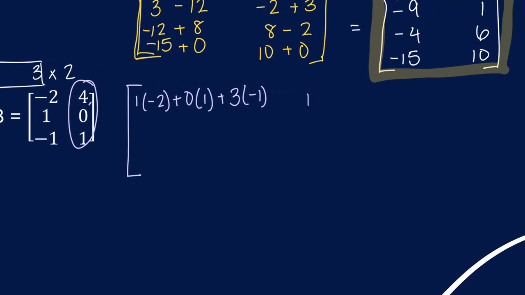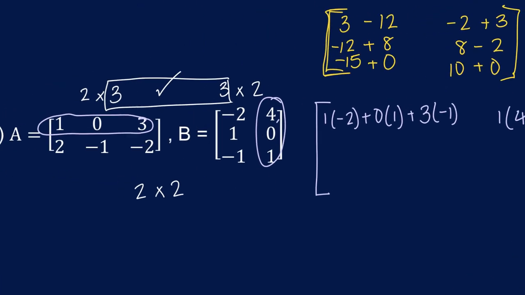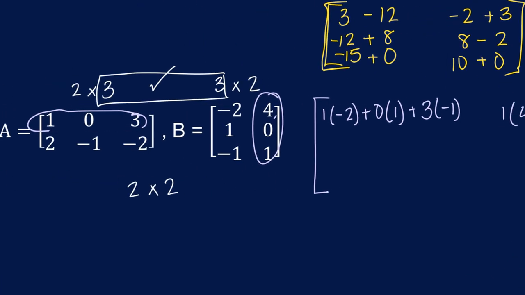I'm going to have 1 in parentheses 4 plus 0 in parentheses 0 plus 3 in parentheses 1. Now you may be asking, okay, where did you get these numbers from? Remember, it's going to be the same numbers in front of those parentheses. Now going ahead to the next row, just go ahead and erase this, write it in a different color.